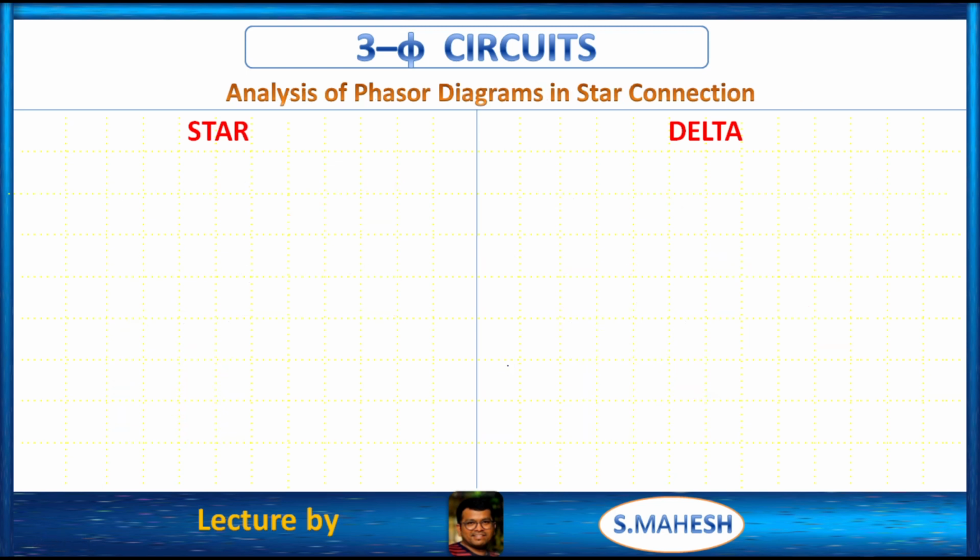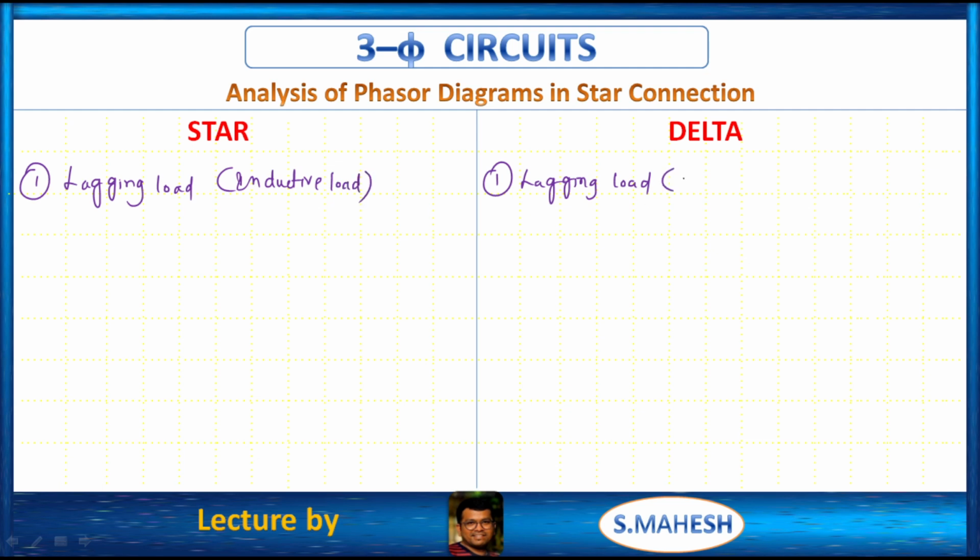Here I am providing the first load, lagging load. With respect to lagging load, we have to analyze the first phasor diagram. That is inductive load, that is simply a series or parallel combination of RL load.